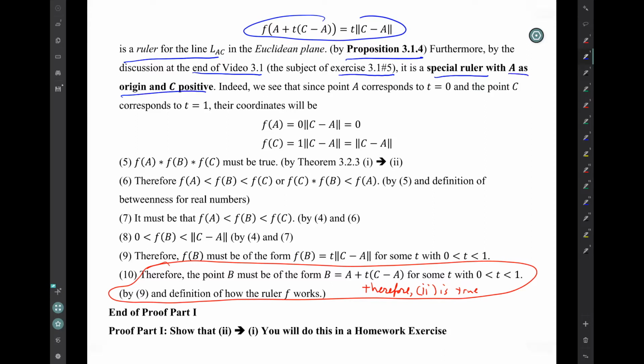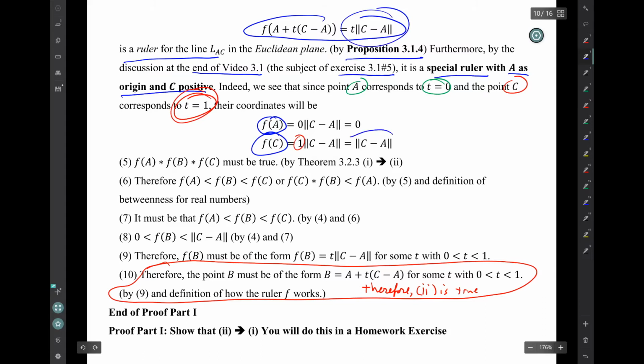Since point A corresponds to t equals 0, and since point C corresponds to t equals 1, when we compute their coordinates, we'll find out that the coordinate of A is, well, we put that number 0 into that expression, and we get 0 as the coordinate of A. When we compute the coordinate of C, well, we use that number 1 for the value of t, and we build this expression, and we get this as a result. Well, that's a positive number.